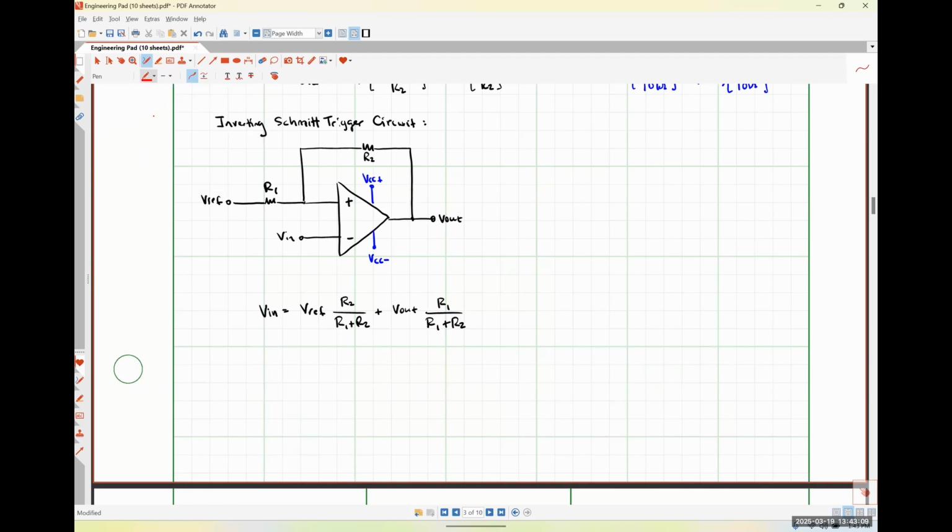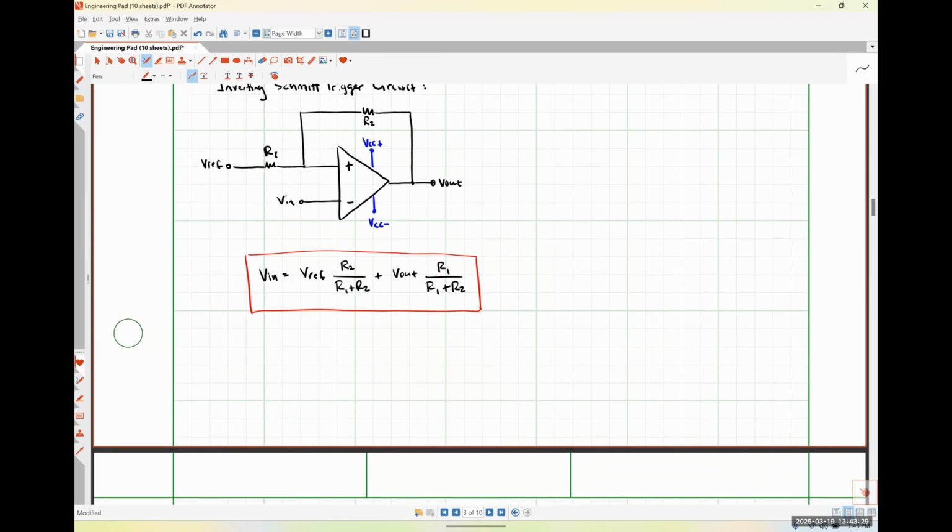This is incredibly convenient for us because for the inverting Schmitt trigger circuit, we literally don't have to do any algebra whatsoever to calculate our upper trigger limit voltage or our lower trigger limit voltage, right?